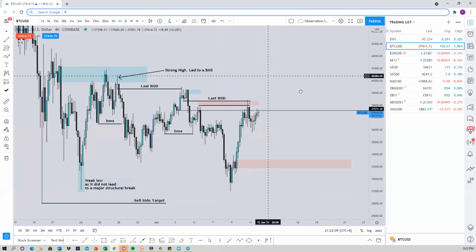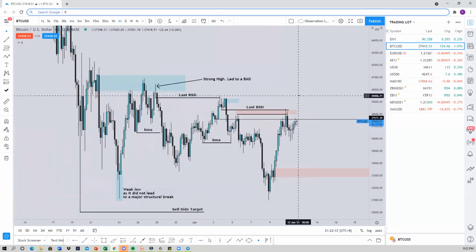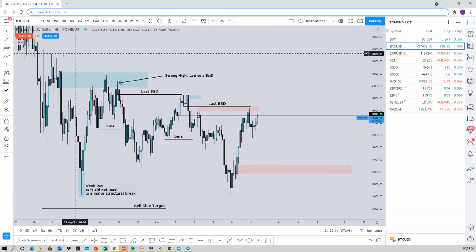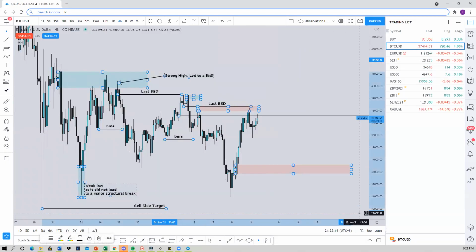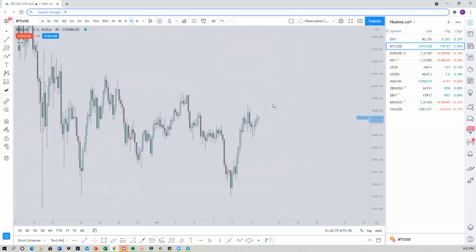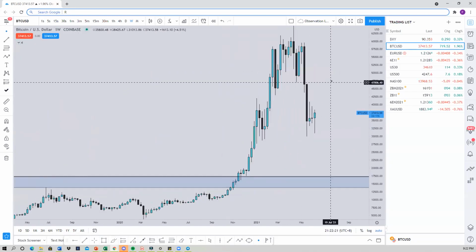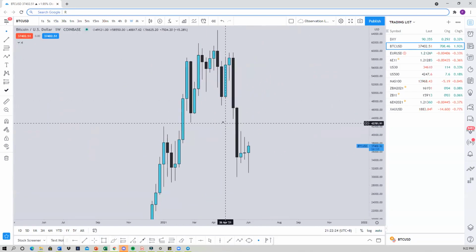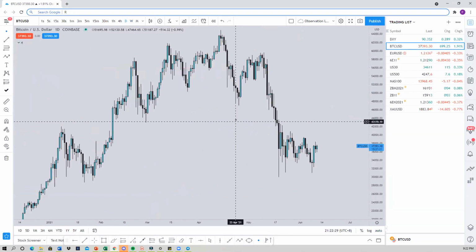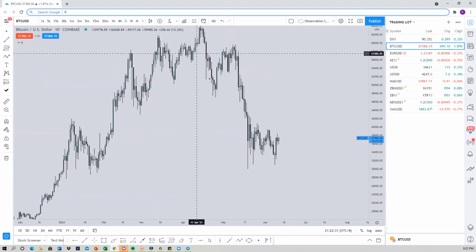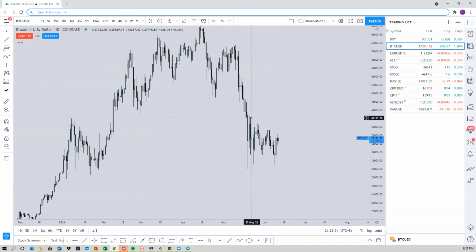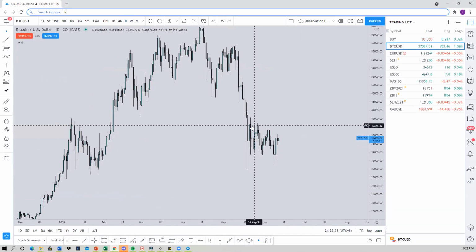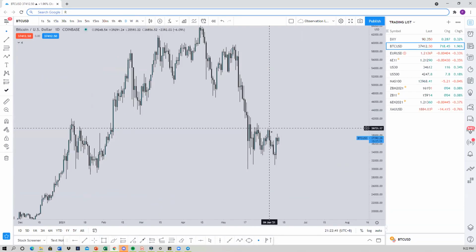Remember, when we look at the prevailing order flow, if I just delete these temporarily and look at the weekly chart, we came down, broke market structure, rejected without going back inside the range, came lower, never tried to go higher than this, lower, lower, and now it's trying to go higher.